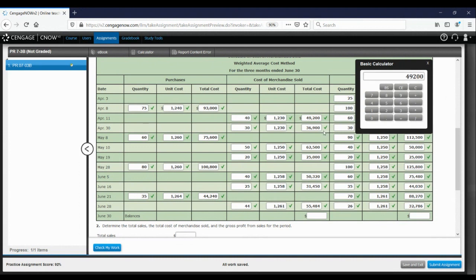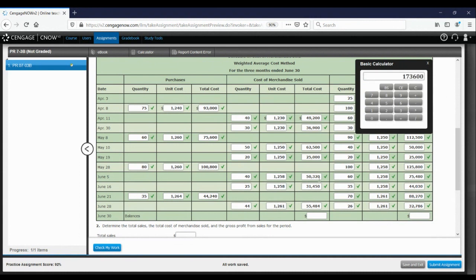We're going to add to it 36,900. We're going to add to that 62,500, and 25,000 would be added.